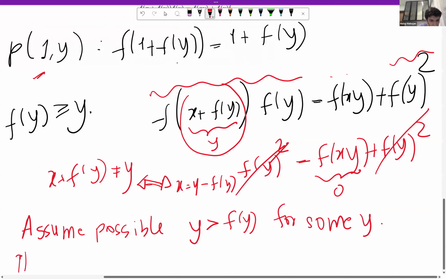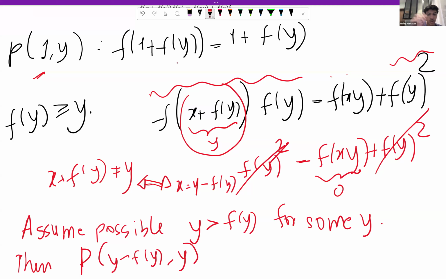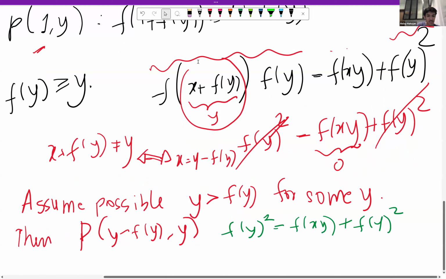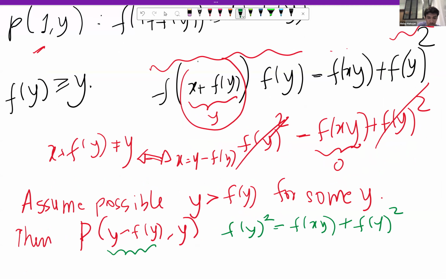Then consider the assertion y minus f of y comma y, as in put the value of x as y minus f of y where y is as before. By what I explained before, this side you will get f of y squared equals f of xy plus f of y squared. Observe this assertion is valid because I have assumed this is a positive quantity, and we will get a contradiction.